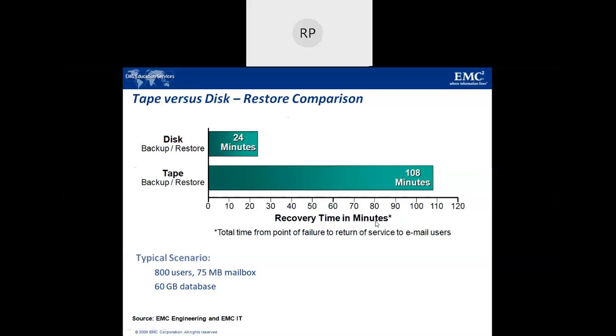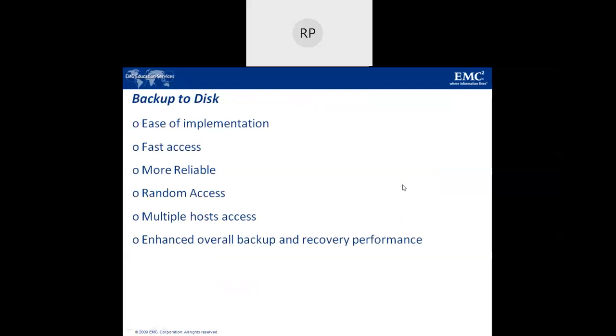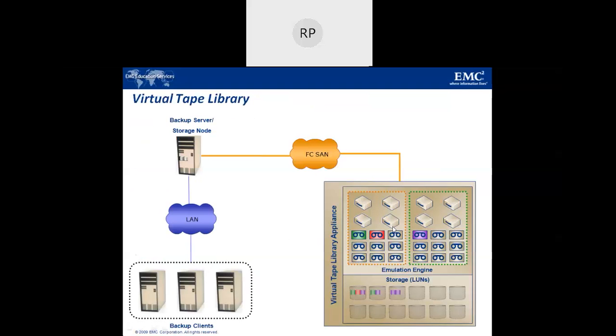Recovery time in minutes means the total time from point of failure to return of service to email users, means the time starting from the failure up to recovery. All time is calculated here. For disk it is 24 minutes, and for tape it is 108 minutes. Hence, it enhances the overall backup and recovery performance by taking less time.